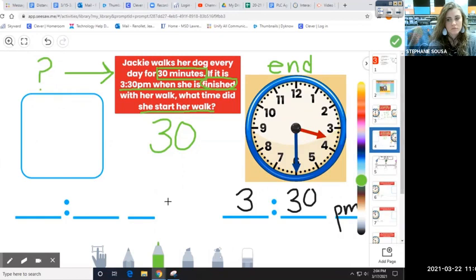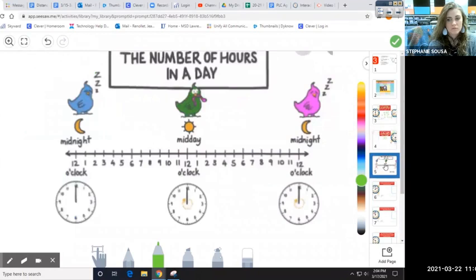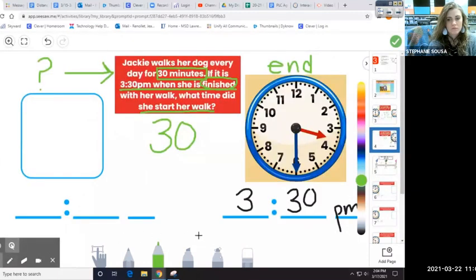Today you're going to have problems like this where you will have to figure this out. When we talk about the hours in a day, sometimes we might be thinking about going backwards in our day so that we can see when something started. We might need to subtract some time to figure out when Jackie started her walk with her dog. I know that the hands on an analog clock always move clockwise, which means they go to the right.